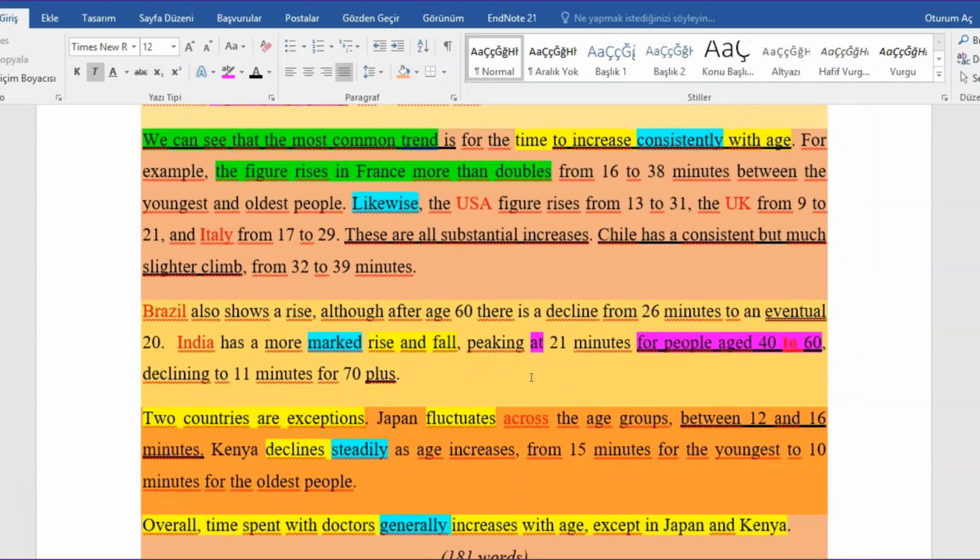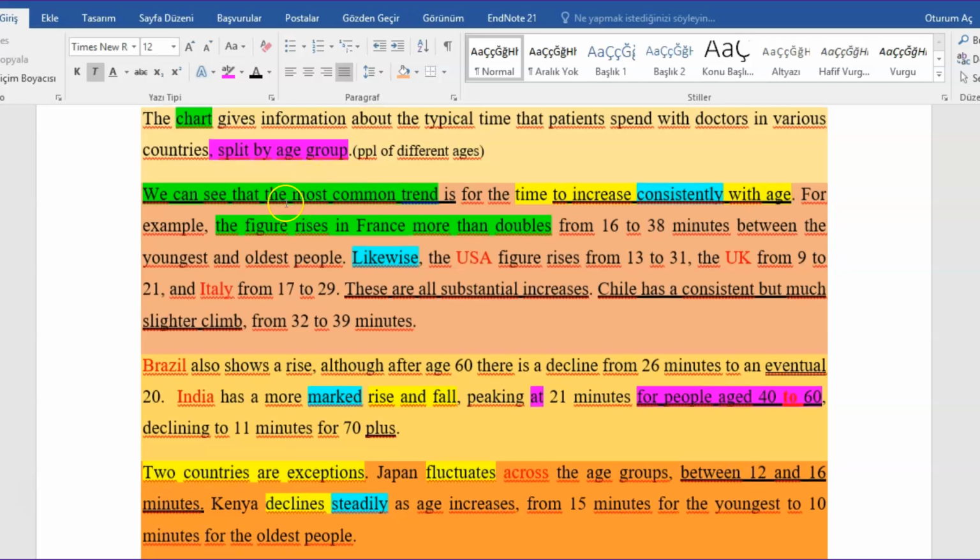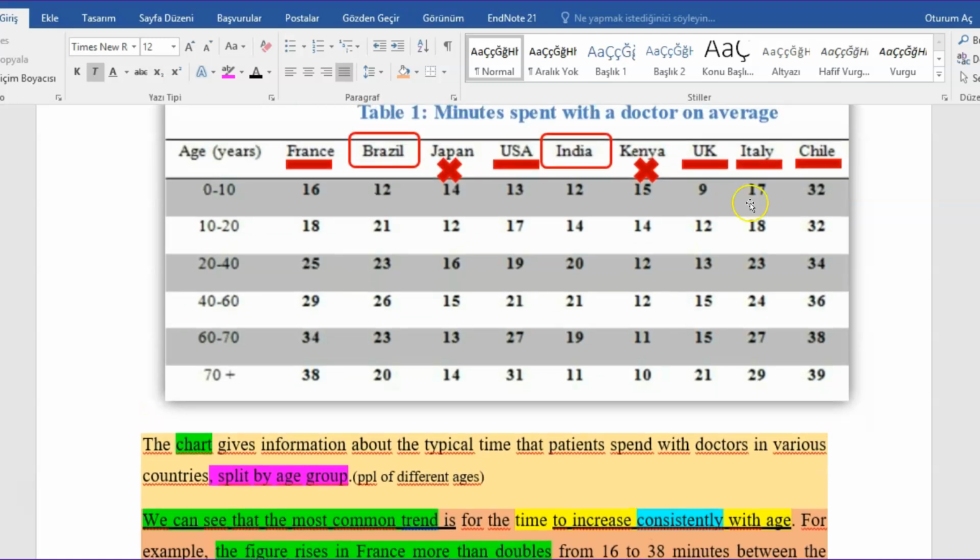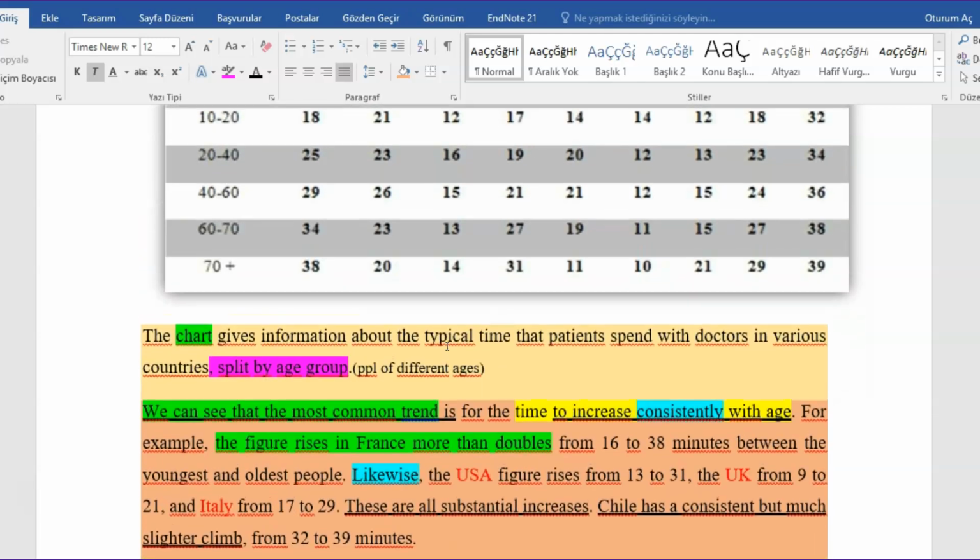In the first body paragraph, the main one, we can see the most common trend is for the time to increase consistently with age. That means as people get older, the amount of time spent with their doctor increases.